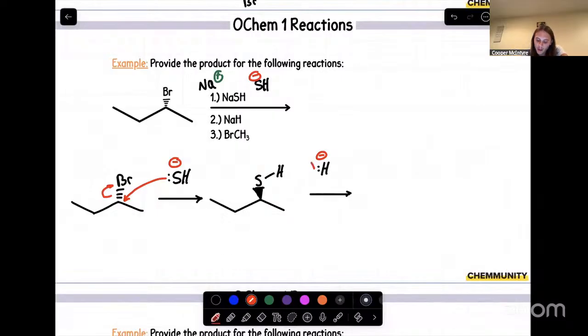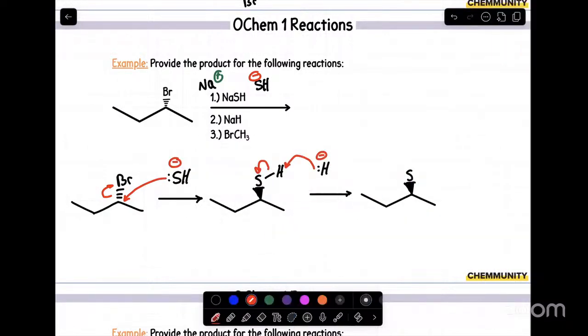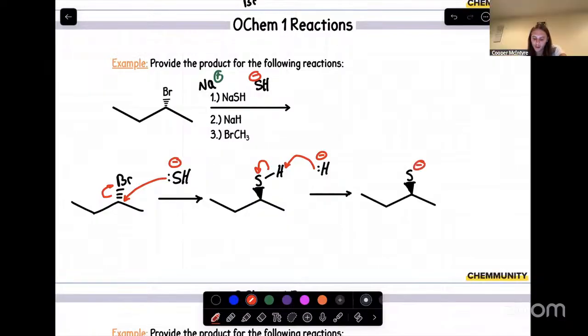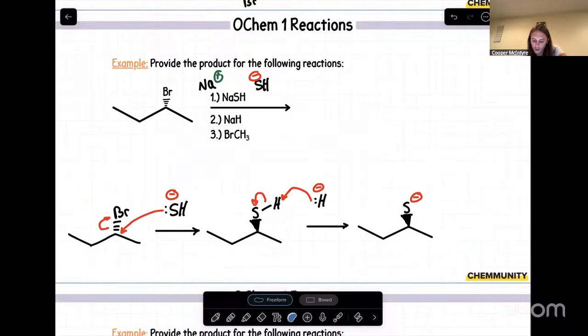So our hydride will steal that hydrogen, electrons fall back onto the sulfur. And by doing that, we basically just created a conjugate base. So our sulfur will have that negative charge. Perfect. Let me give myself some more room, and let me showcase where we're at. This was step one. This was step two.